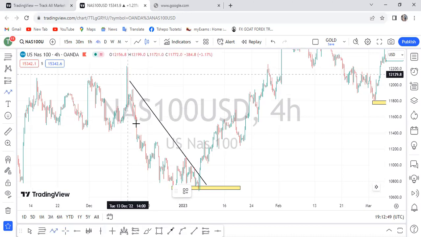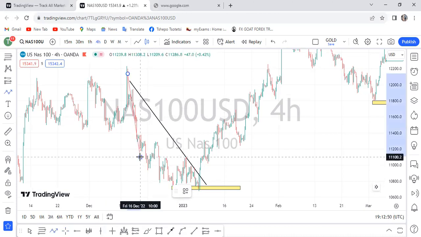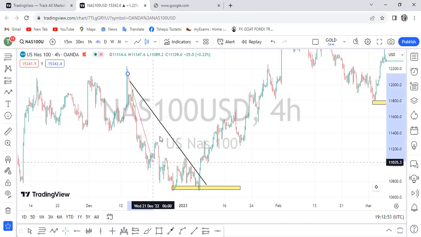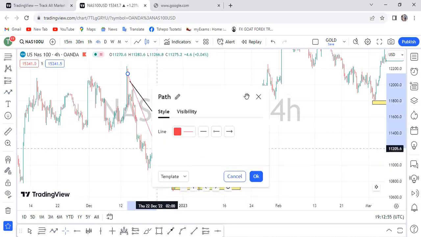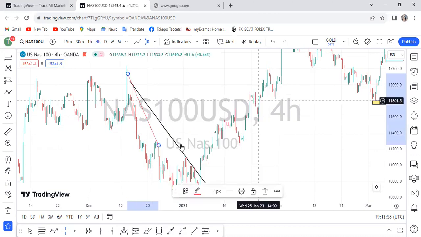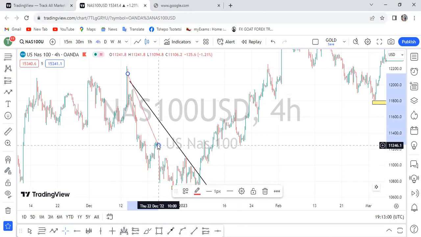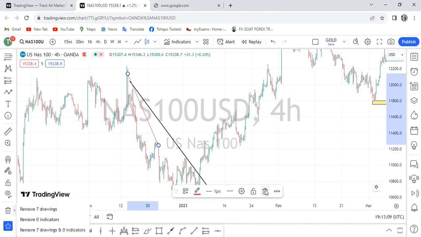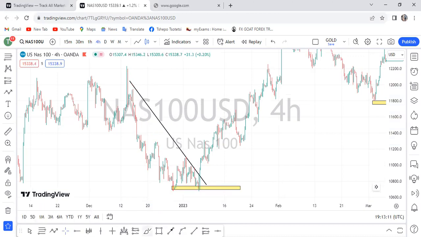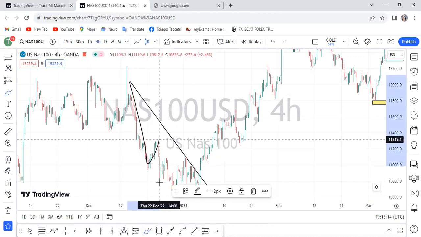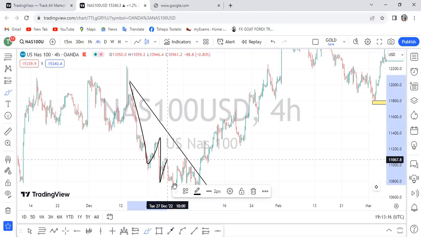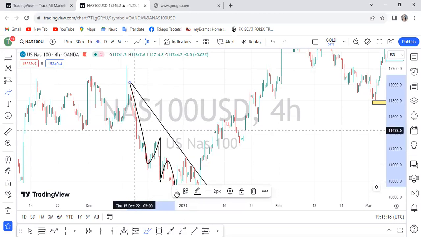As we can see, from here it came back, came down here. Let me remove this. You can see from up here, the market went down, it went back, it went down, it went back, it went down. So we're in a downtrend.